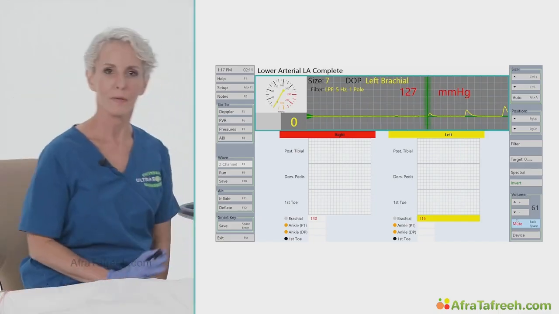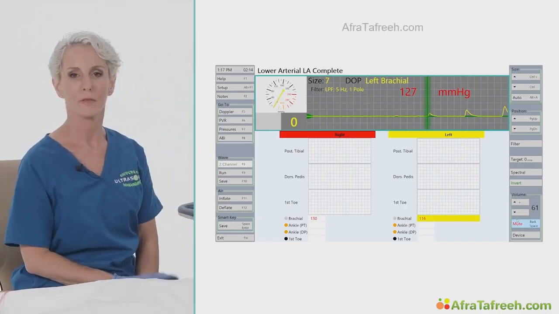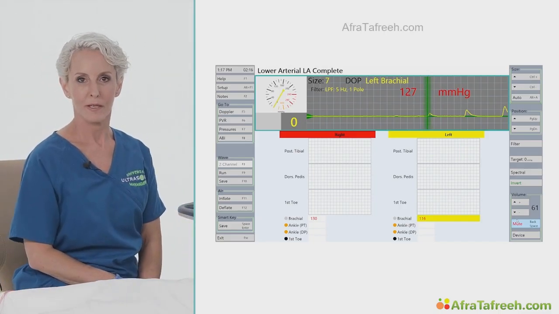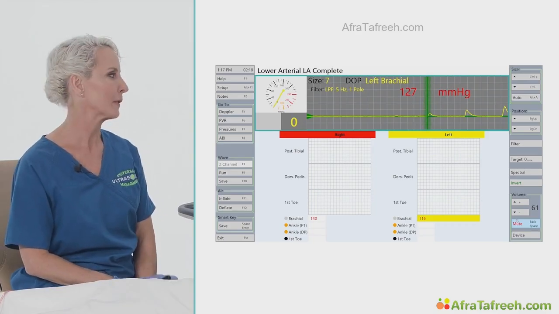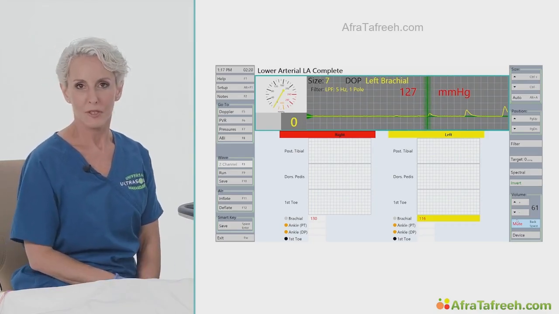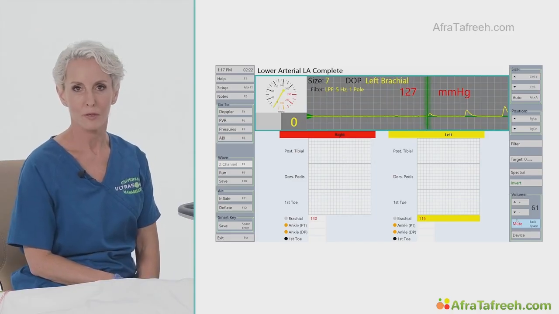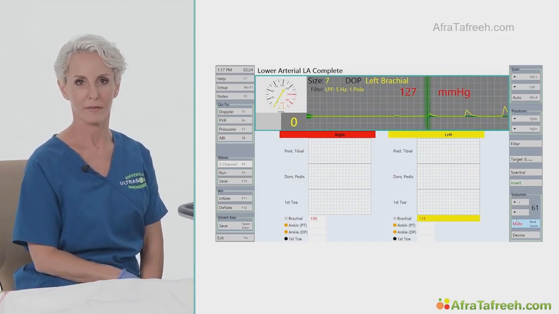This time I got a pressure of 127 millimeters of mercury. So the right and left brachial pressures are somewhat even at this point. We've repeated these pressures multiple times on both arms to ensure that they are pretty close to one another.